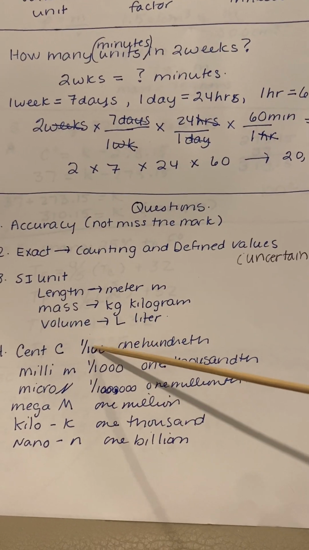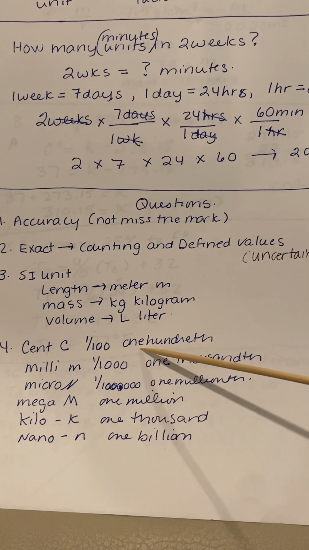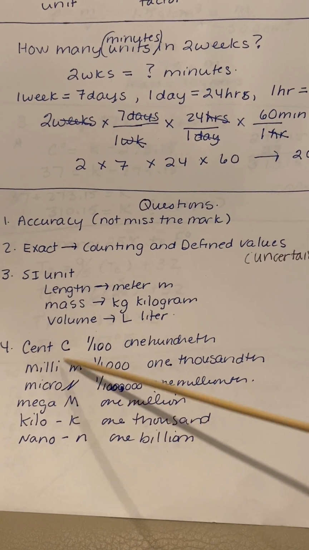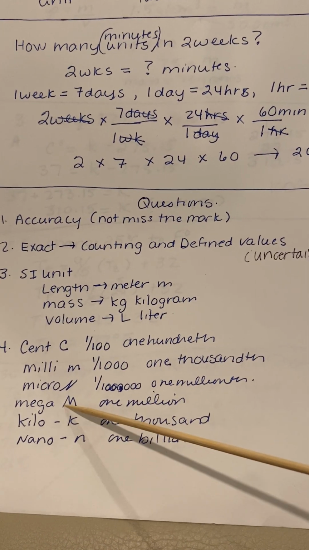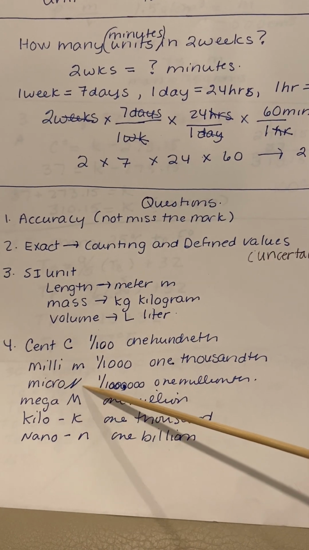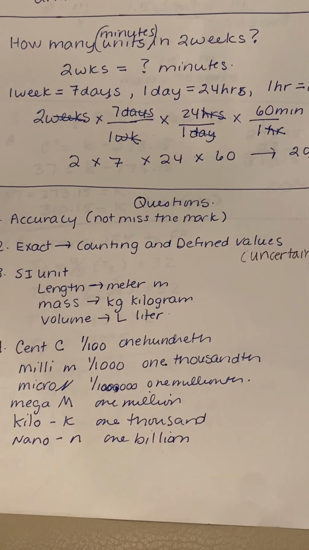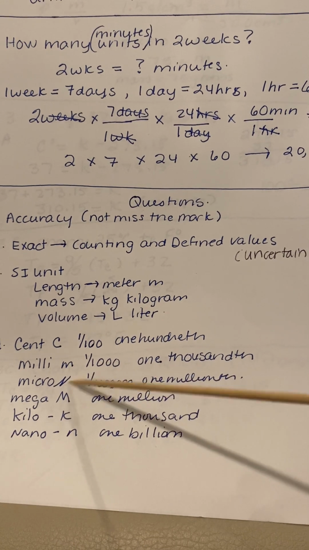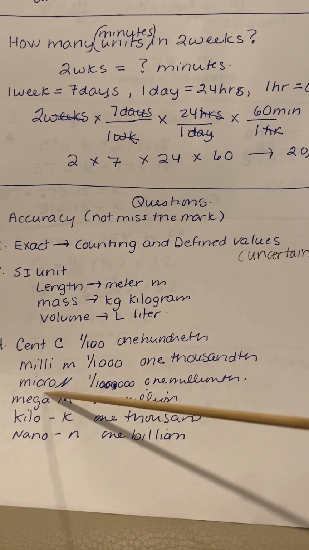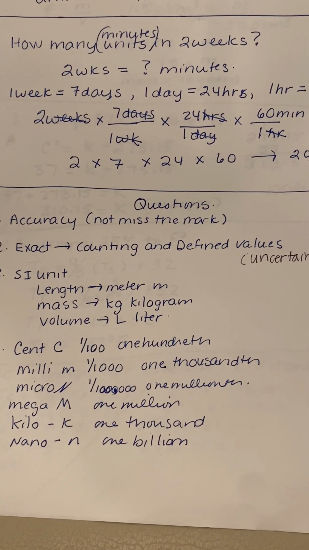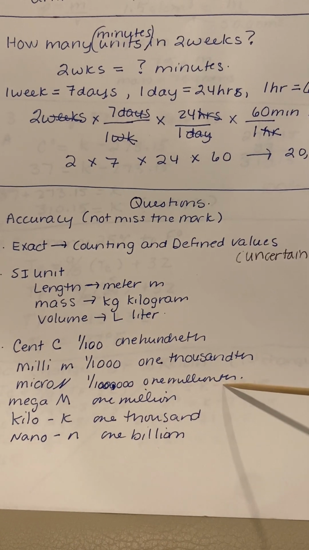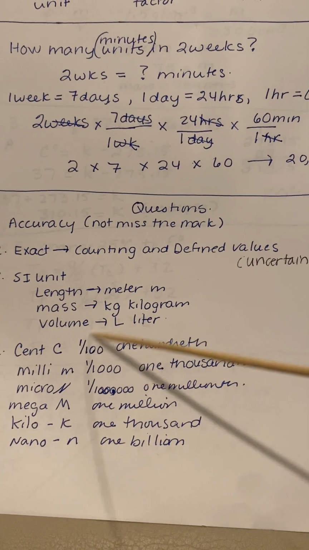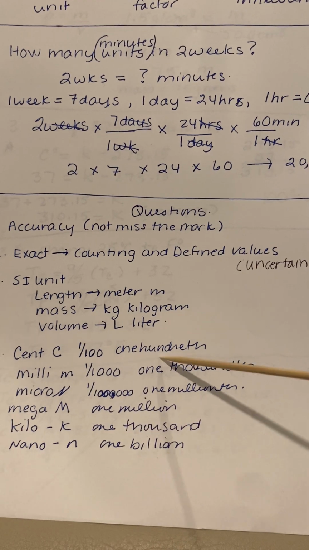1 centimeter is 1/100th, and 1 millimeter is 1/1,000th. 1 micro is 1/1,000,000th. It looks like a weird little slanting M, a micro, which means 1/1,000,000th. Okay, those are small numbers. You're getting really small.